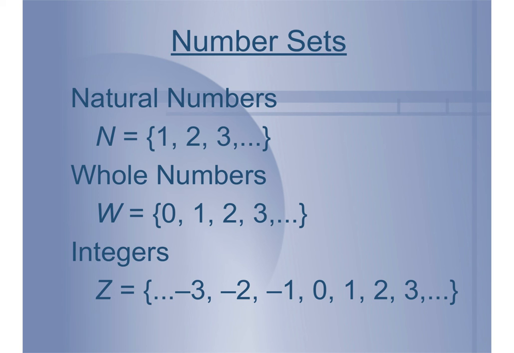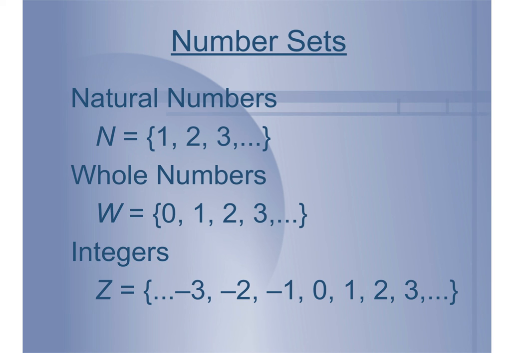Now, something else I want to point out is how the number sets are labeled. This is universal. These are not random letters that they chose, okay? N will always mean natural numbers if you are talking about number sets. Now, does that mean that if you had the number of students in geometry, you couldn't use N for it?